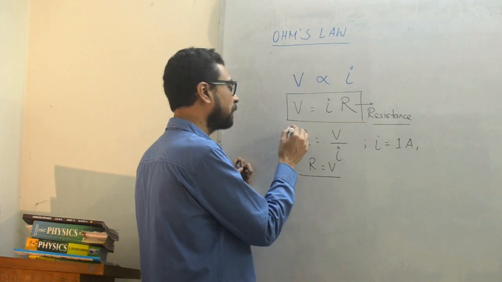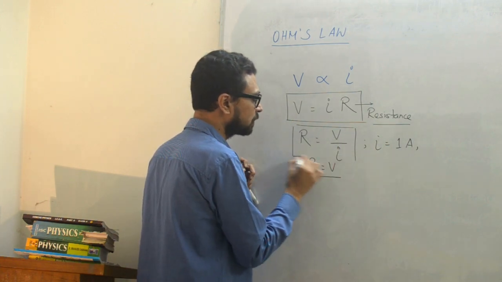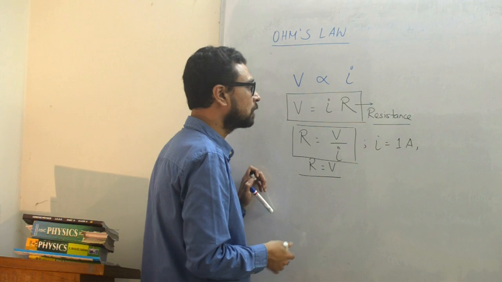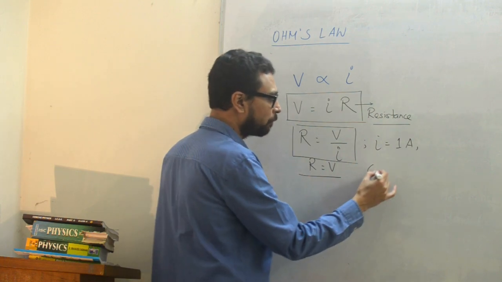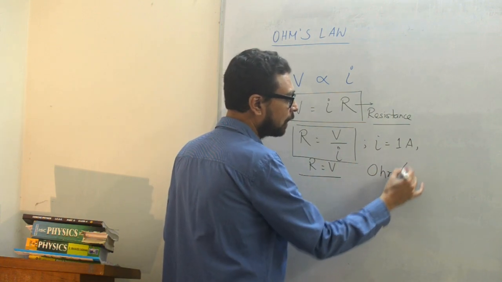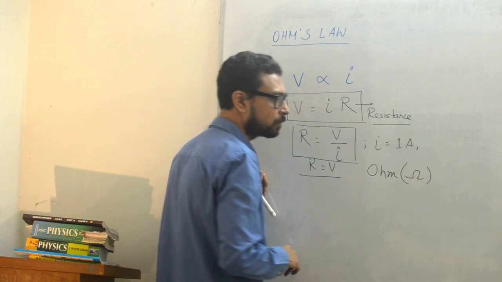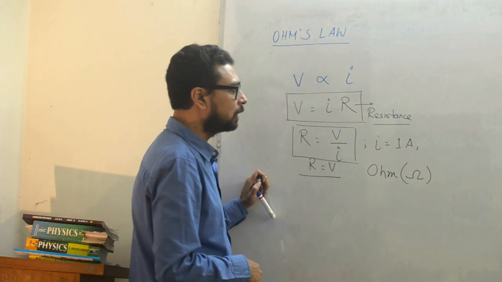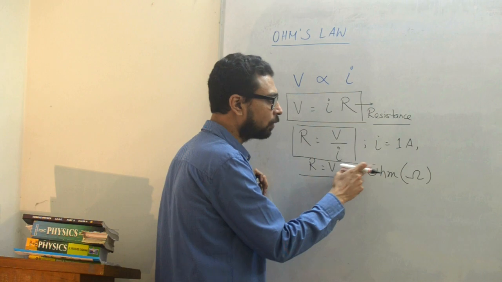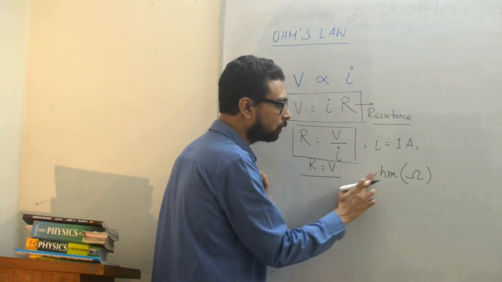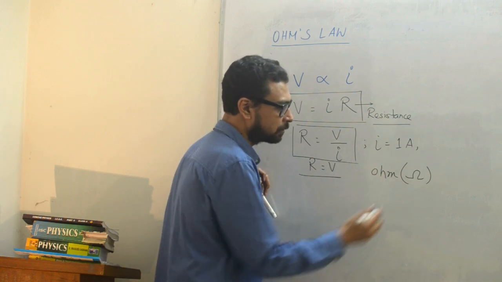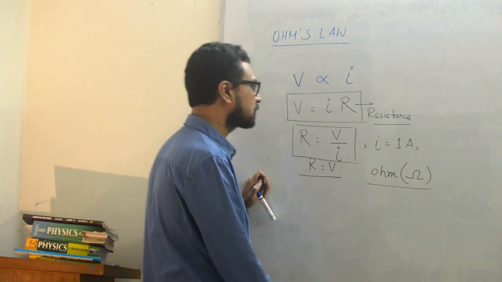This is the expression by which we can calculate resistance from a simple circuit, and the unit is ohm, with the symbol capital Omega. The unit is ohm, with a small o.